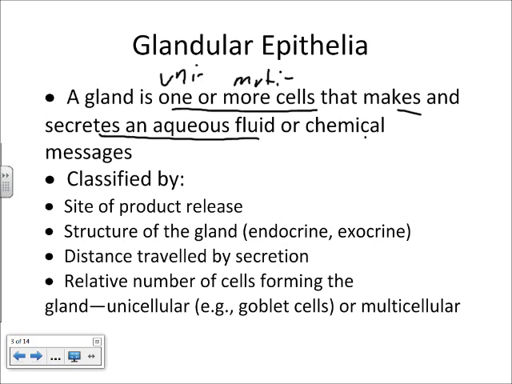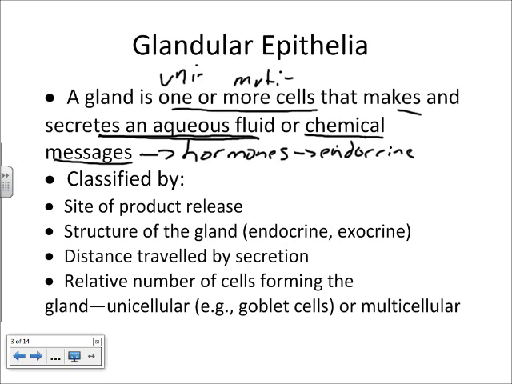This is where we start running into differences between exocrine and endocrine glands. The chemical message aspect, i.e. hormones, is essentially an endocrine function, whereas these aqueous fluids or fluid-like secretions are more of an exocrine function.